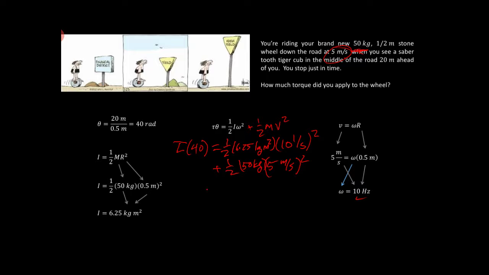All right, so calculate the first one. 10 squared is 100, so 6.25 times 100 is 625 divided by 2, so that's 312.5 Newton meters, plus, let's see, 1/2 times 50, that's 25, times 5 squared, which is 25, so 25 times 25 is 625 Newton meters.